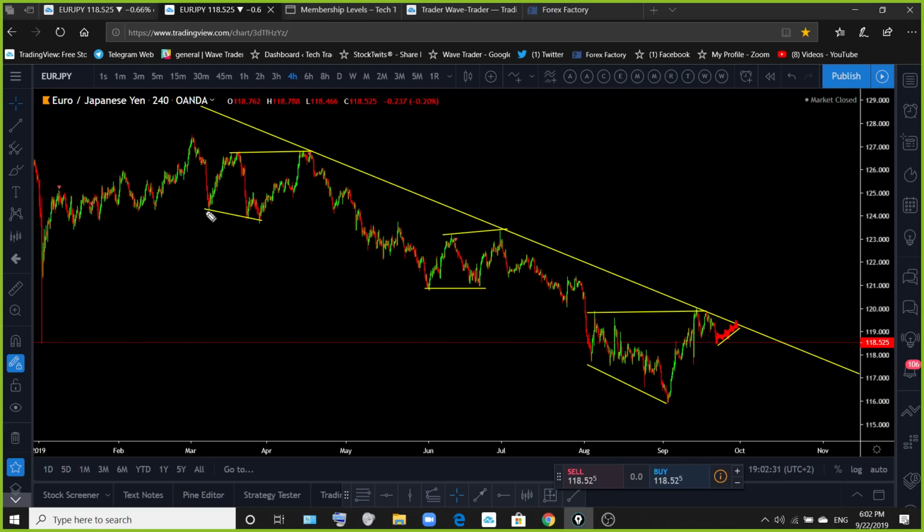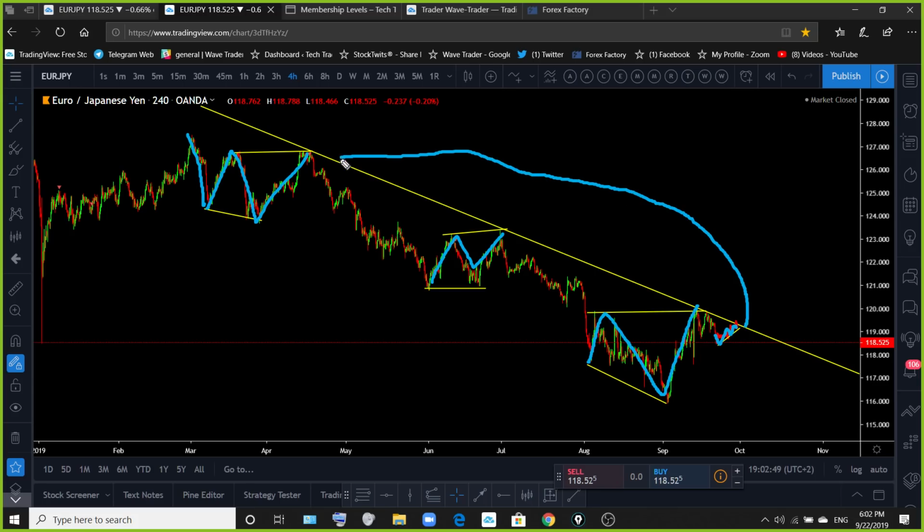First of all, A, B, and C, that's your impulse, an expanding triangle. And this one, you can see that expanding triangle as well. So at this area, this correction. You see that correction?